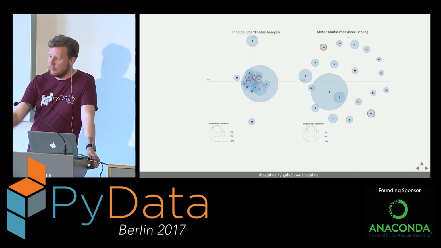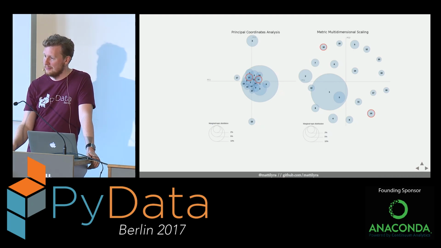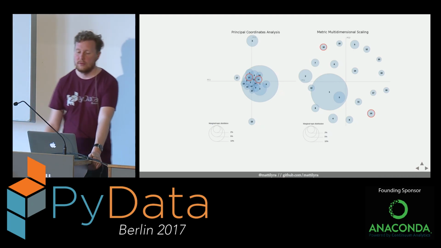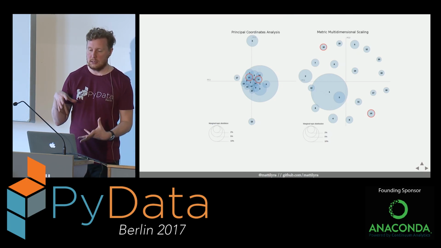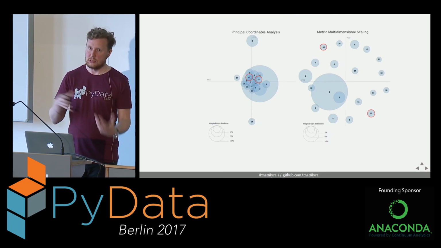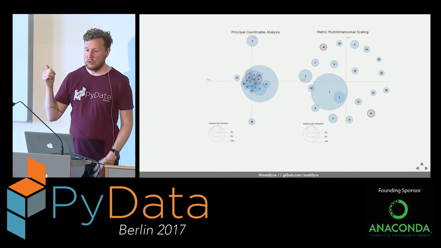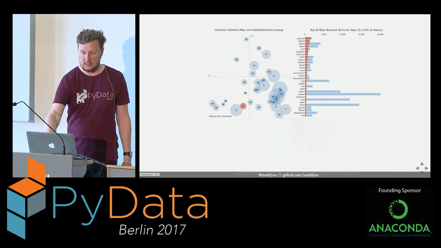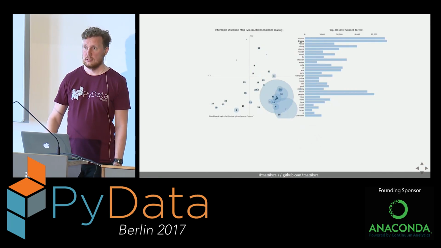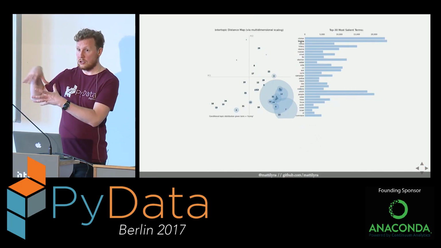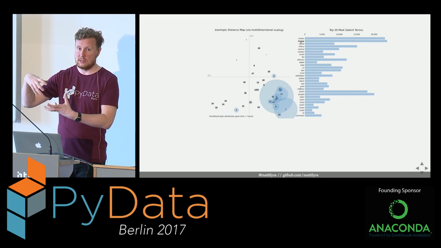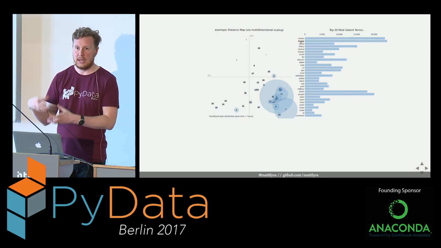Yes, that is a very valid point. Thank you. But that doesn't really reduce the functionality or the utility of this. As you see here, you do actually get these groupings of documents or topics that are semantically related.